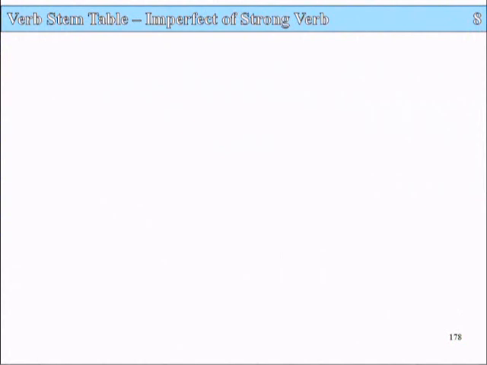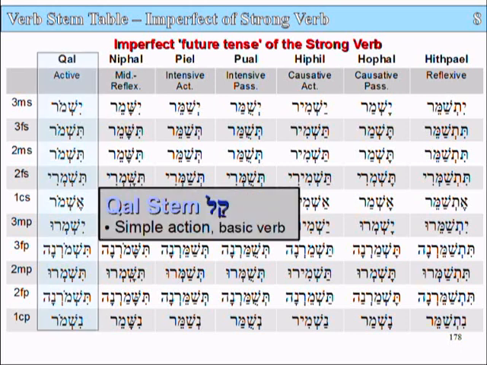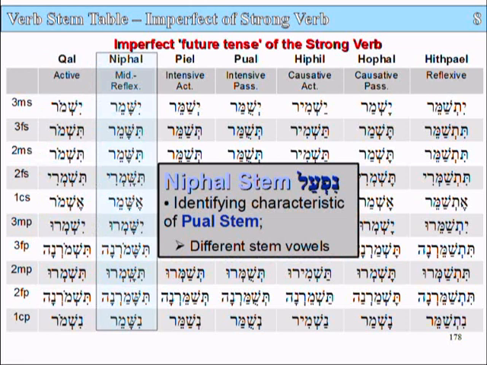Slide 178, Lesson 8, Verb Stem Table, Imperfect of the strong verb. Here we have the 7 stems of the imperfect or future tense of the strong verb. The first stem is the kal, the simple active verb stem, and following that we have the nifal, the first derived stem, and the only difference between the two are the actual vowels.